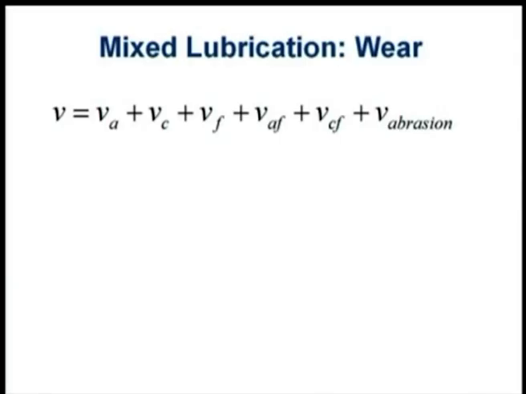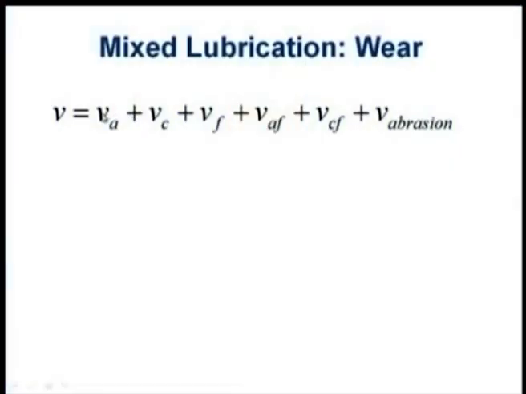And finally comes fatigue. Fatigue will always be there. Whenever there is lubricated wear, adhesion can be avoided and abrasion can be reduced, but fatigue will be the dominating factor in that situation. So what we are writing in this case is the wear volume per unit sliding distance, which is contributed by V A, the volume wear due to adhesion, the volume wear because of corrosion, the volume wear because of fatigue, and there is a possibility of interaction.